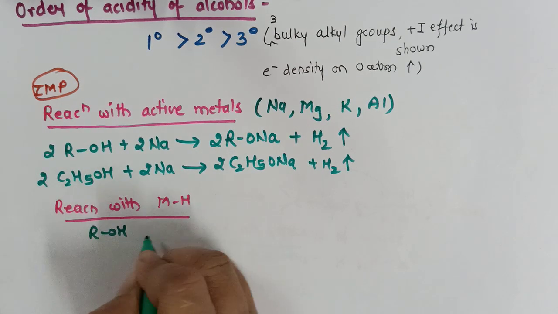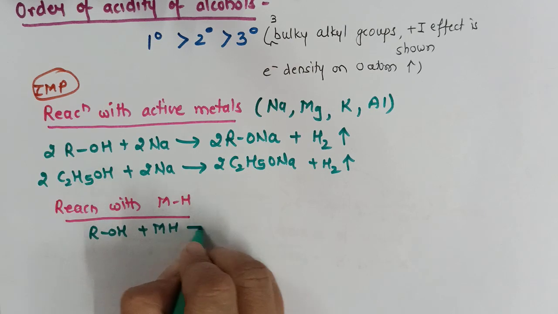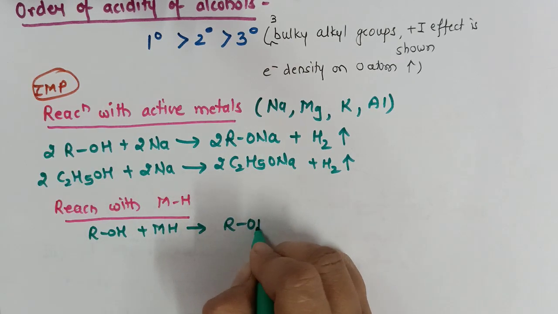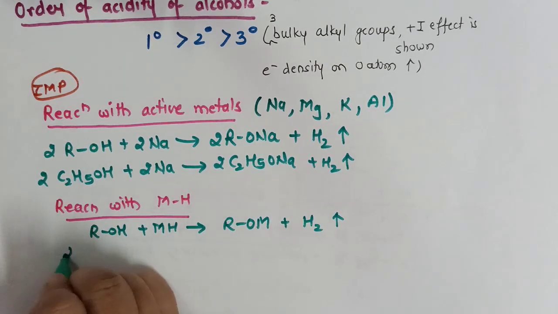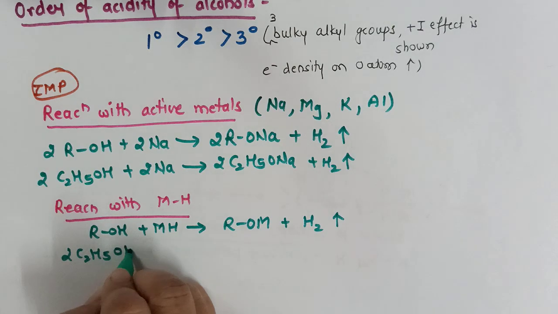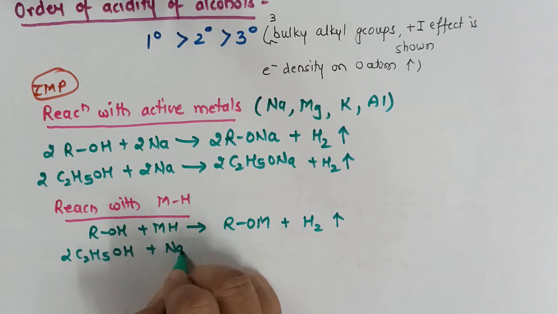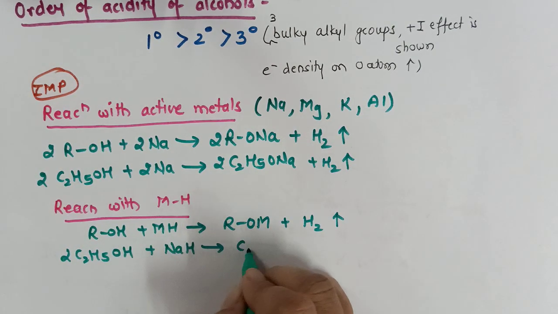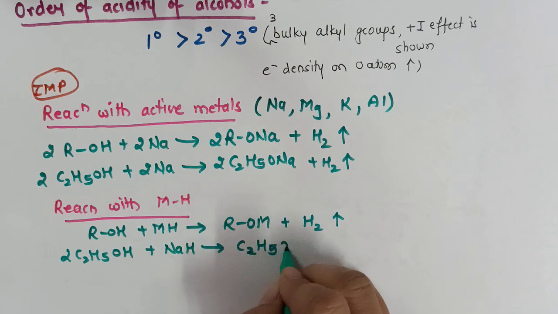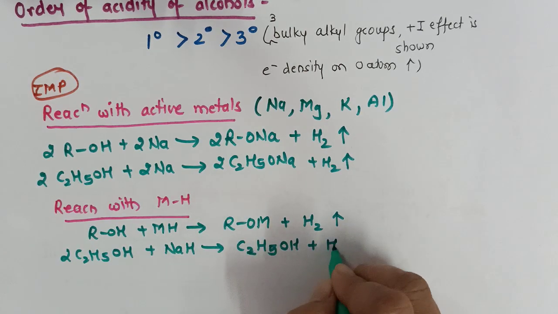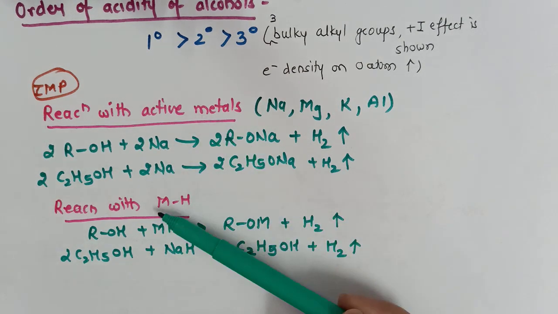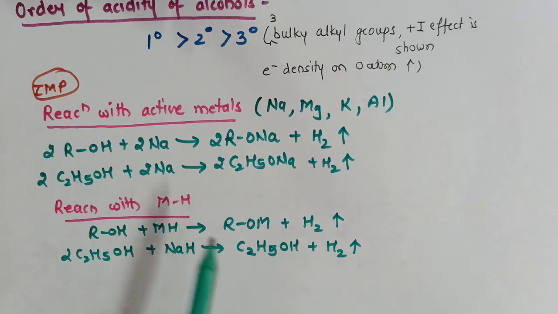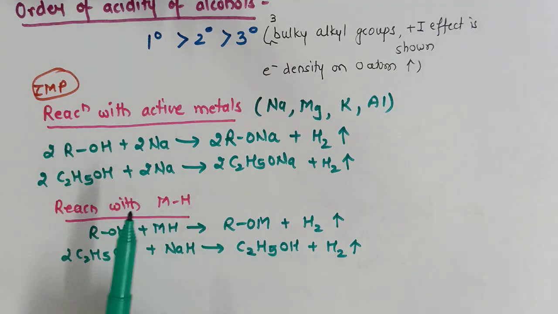Alcohol, when treated with any metal hydride, again gives alkoxide and hydrogen gas is released. Ethanol, when treated with a metal hydride, let's say sodium hydride, gives sodium ethoxide and hydrogen gas is released. So these are the two reactions by which we can prove that alcohols contain active hydrogen, or that alcohols are acidic in nature.